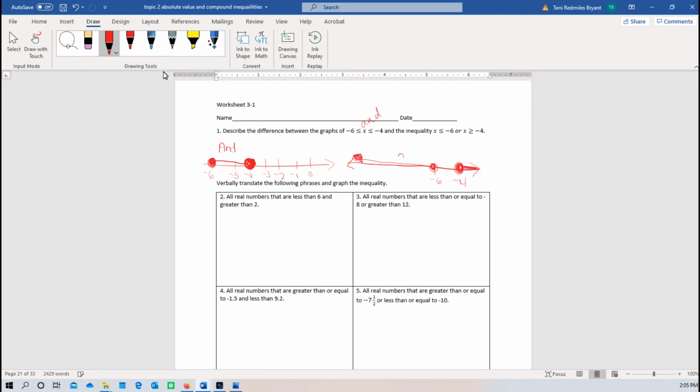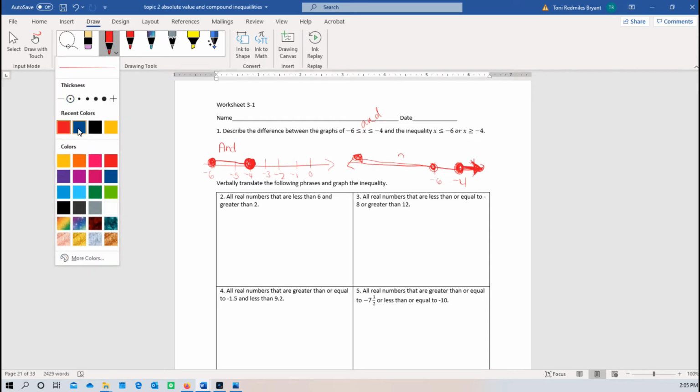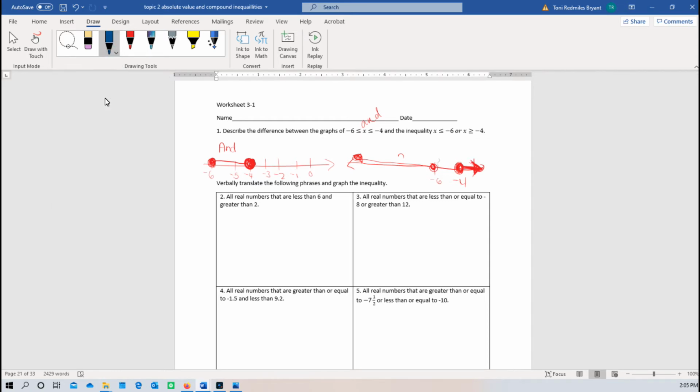So in this one, our two conditions go two different ways, and what we're left with is actually what it can't be. That's what's easier to describe, is that it can't be -5. It can't be -5.5 or -5.25. It can't be those numbers. Okay? Very good, very good.